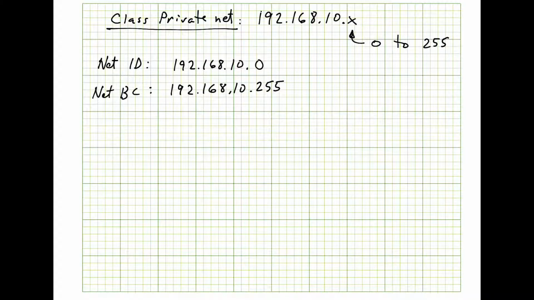And this .10 network, again, is just one of the 255 private Class C networks that we have. Okay, and I'm just using the .10 because it's convenient. Okay, so we have 2 special addresses on a subnet, on a network. The first one is the network ID, and that is all zeros in the 4th octet.